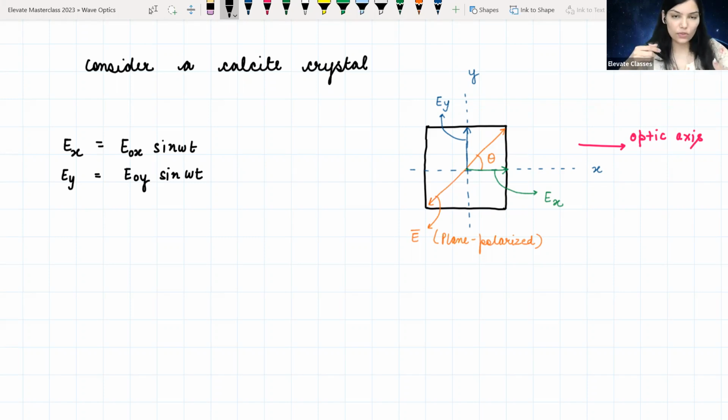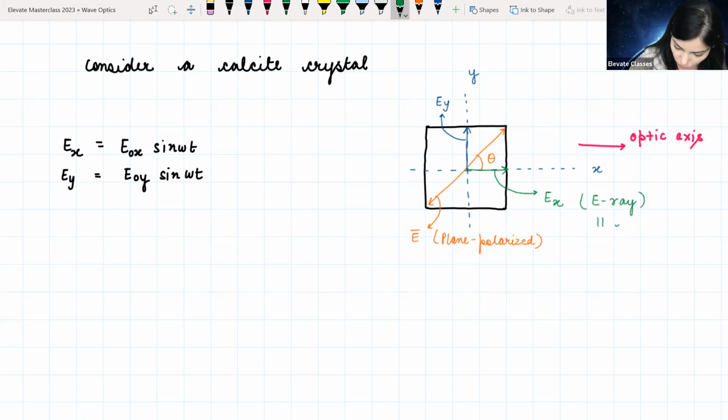How should I make you visualize? But what I want to say is that the electric field of Y is perpendicular to the optic axis, obviously. So we will say that the X component of the electric field, which is in the direction of the optic axis, which is parallel to the optic axis, we will say that it is actually the E ray, which is parallel.